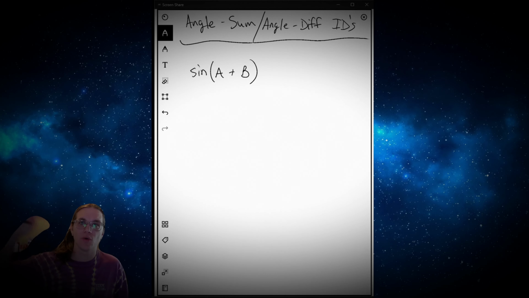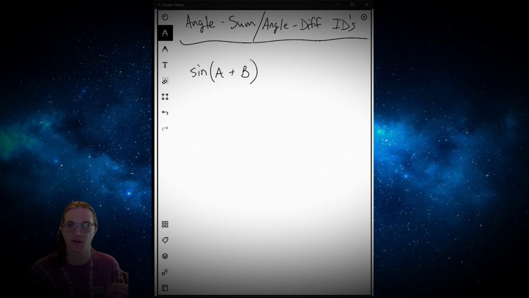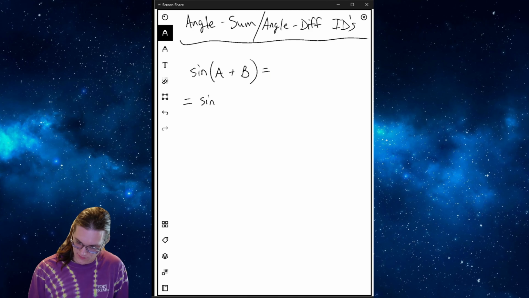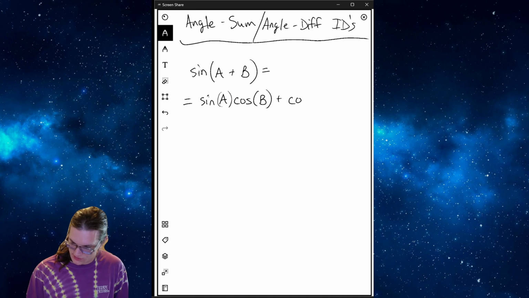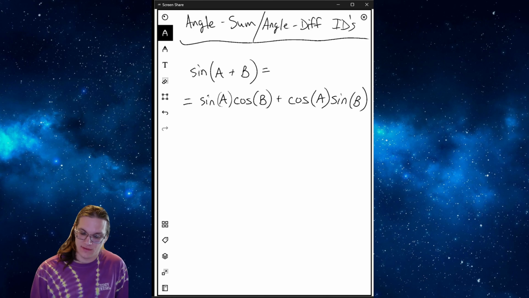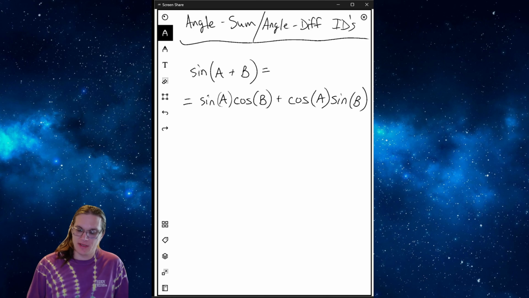When you go through and start solving problems that relate to physical systems, that relate to computer circuit boards, that relate to charges and currents and electricity and objects moving at certain angles with respect to one another, you'll need this. Sine of A plus B is sine of A times cosine of B plus cosine of that A angle times sine of the B angle. Okay? This is your first one. Okay? This can also be proved.